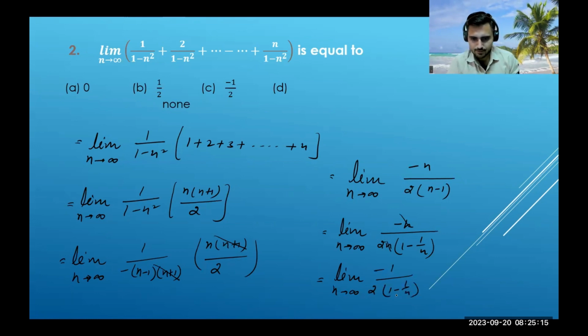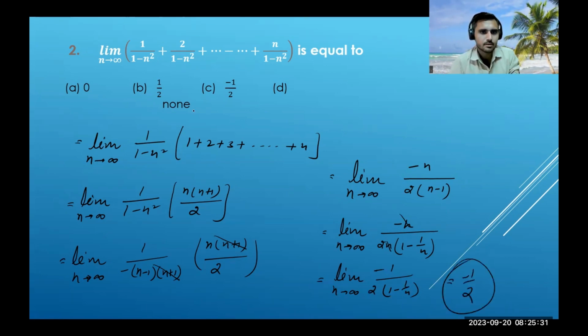Now put the limit here. So 1 upon n will become 0. So 2 minus 0 is 2, and so we'll get the limit minus 1 by 2. This is the limit. So the answer is C.